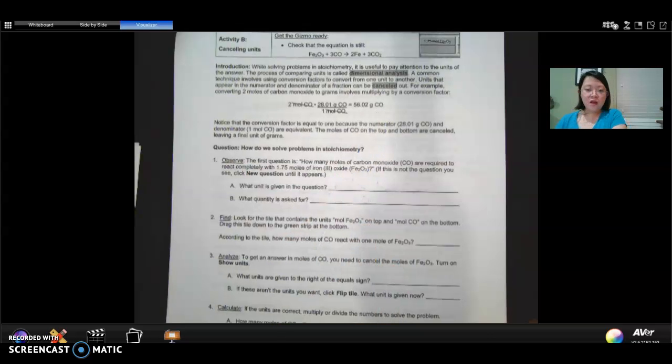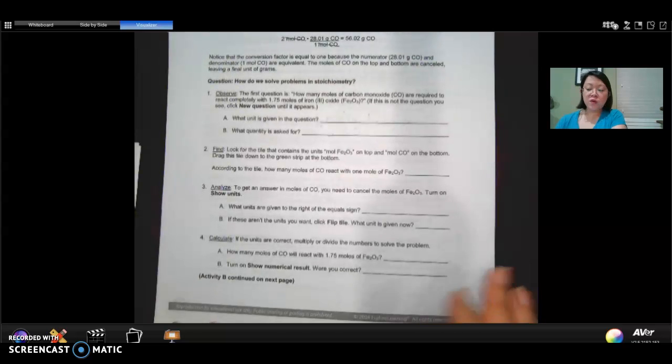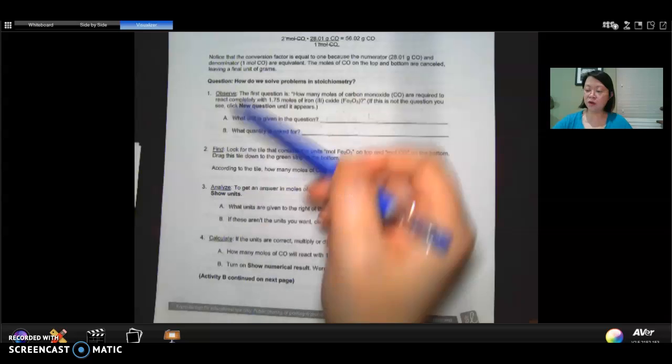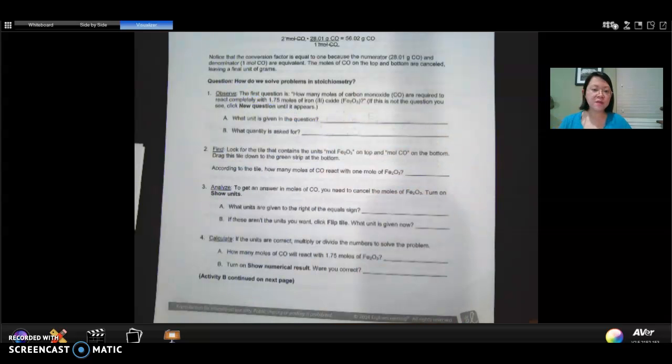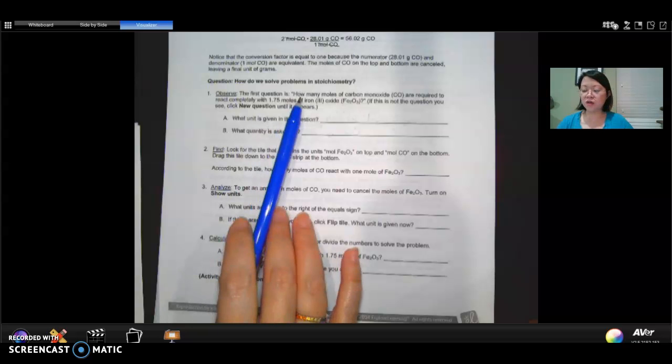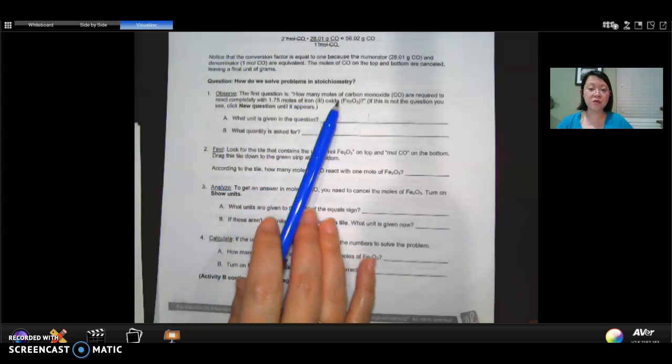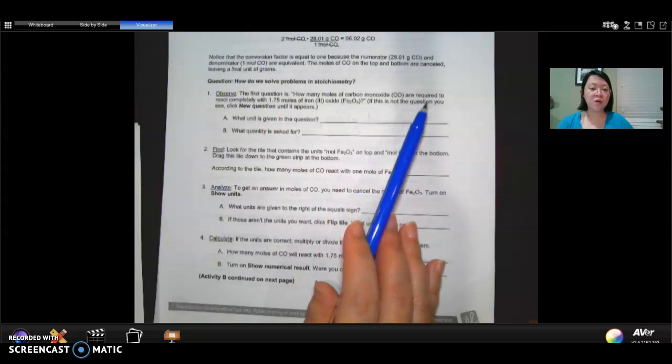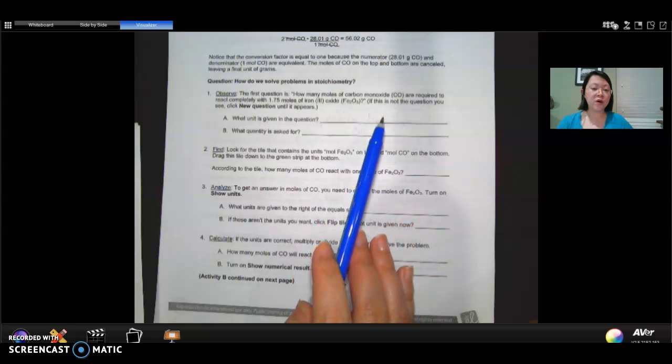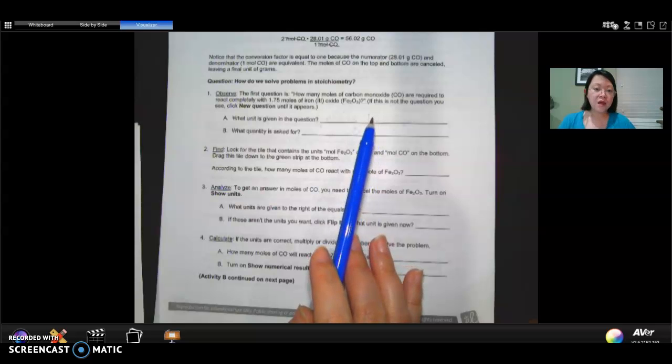So what we're going to do now is actually use the simulation completely. We're going to be following these steps, and we're going to be looking at the first question given to us that says, how many moles of carbon monoxide are required to completely react with 1.75 moles of iron 3 oxide?